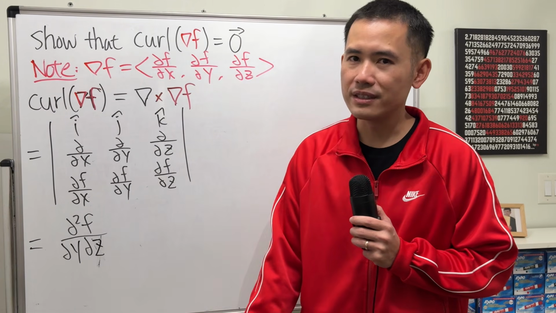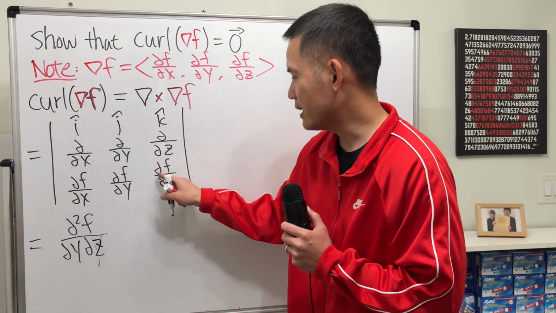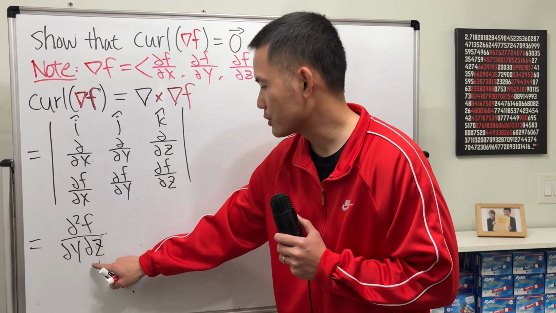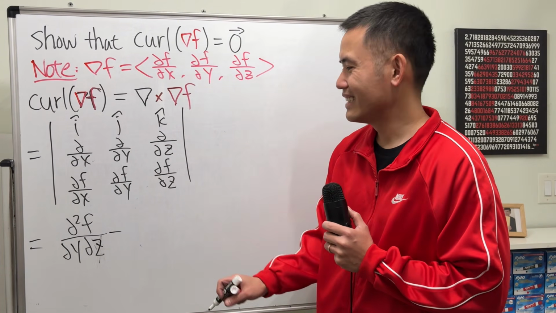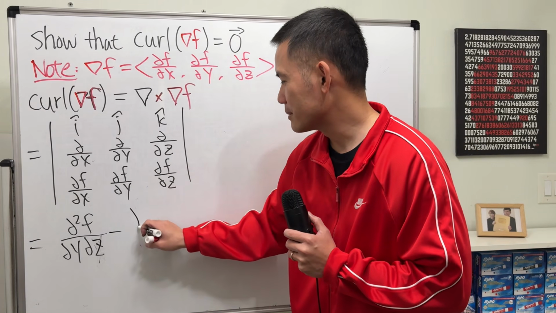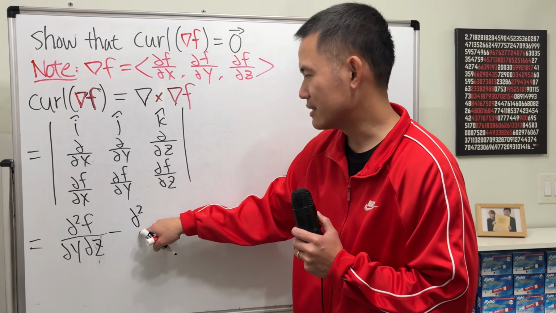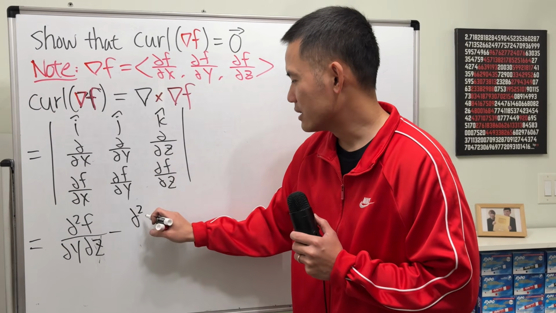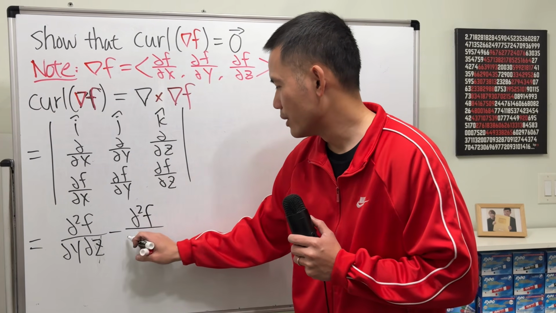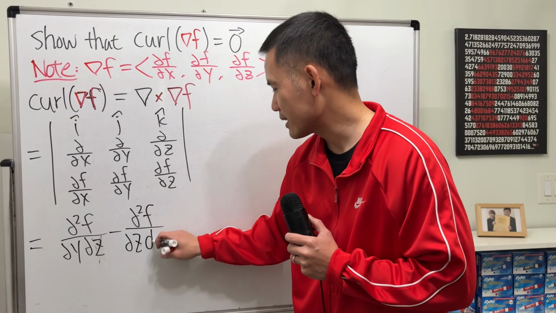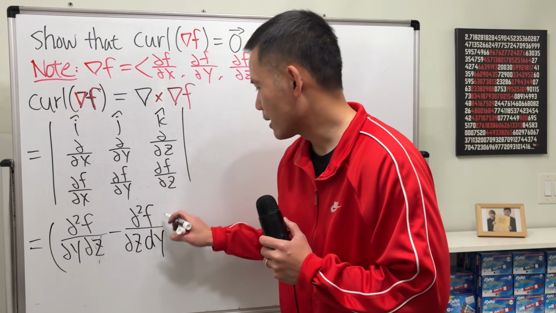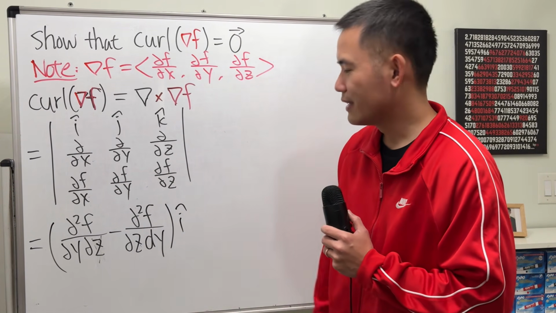In fact, the order doesn't really matter. So this and that, partial y, partial z, like so. And then we will have to subtract. We do this and that, which becomes the second derivative of f, and technically partial z, partial y then. So that's the first component, the i.